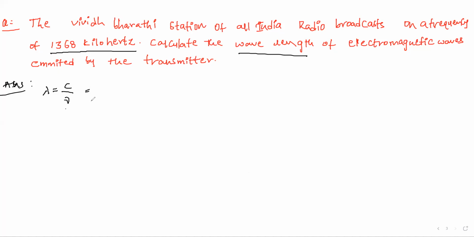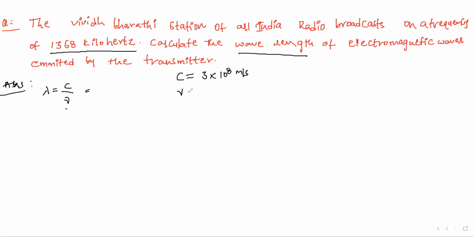The nu value is given already. c we know already, the velocity of light, that is 3 into 10 to the power of 8 meter per second. This does not change. That is a constant we know already.